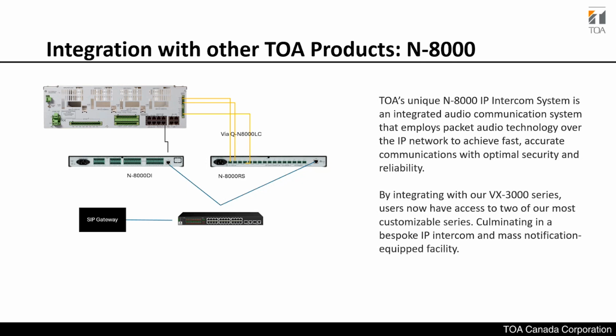But one way to integrate it with SIP is you tie it to a SIP gateway with an N8000 system. So you have your N8000 DI trigger a contact input, and then your N8000 RS send the audio. When the SIP gateway receives a call, it will interpolate between the SIP system, receive it on the N8000, and then send it to the VX3000.